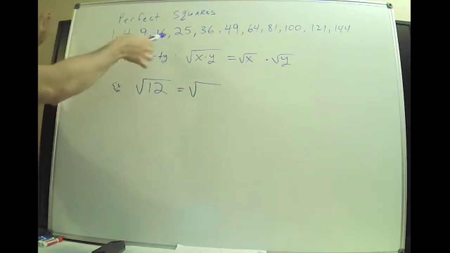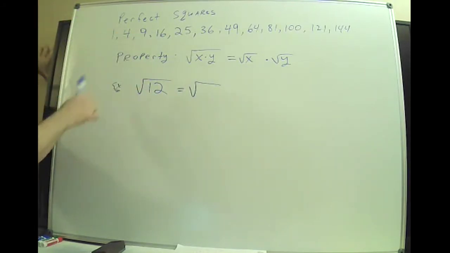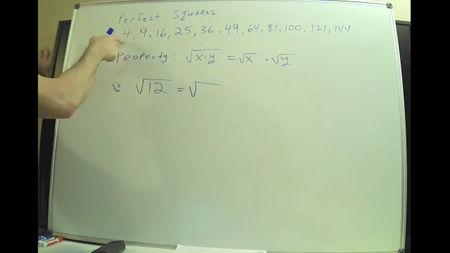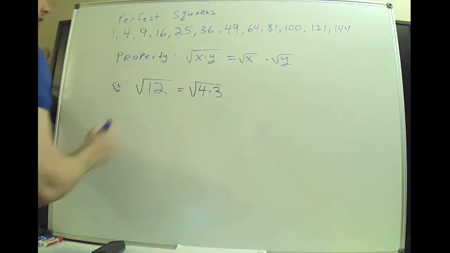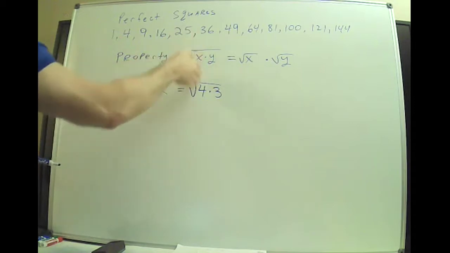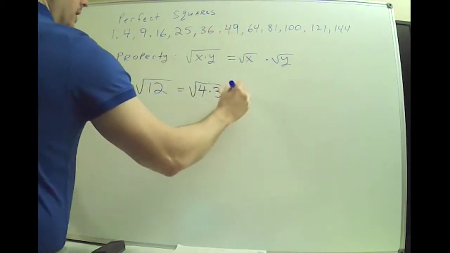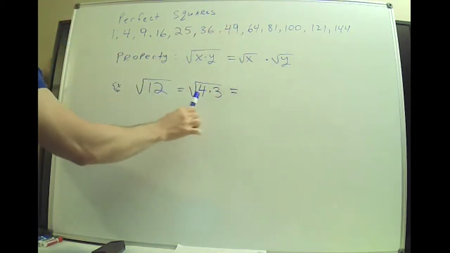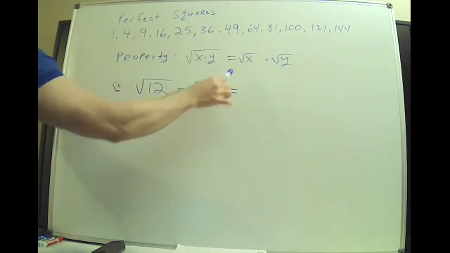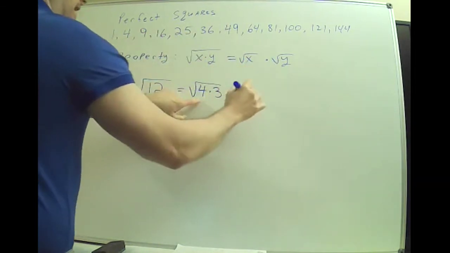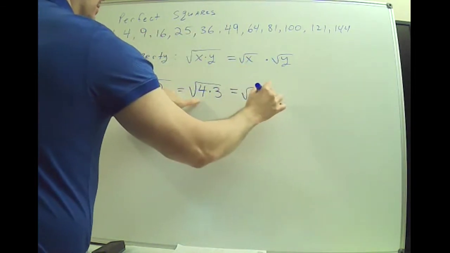And you have to pick a perfect square when you write this as a product of smaller numbers. So I'm hoping that you realize you have to pick 4 times 3. 4 times 3 is 12. Now, there's a reason I'm writing it underneath like this. I wrote 12 as a product of smaller numbers where one of them is on the list of perfect squares. Now I'm going to use the property where I take this and I split it up into 2.